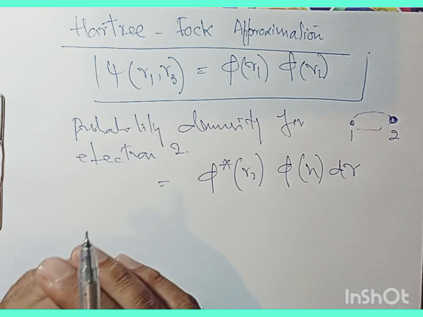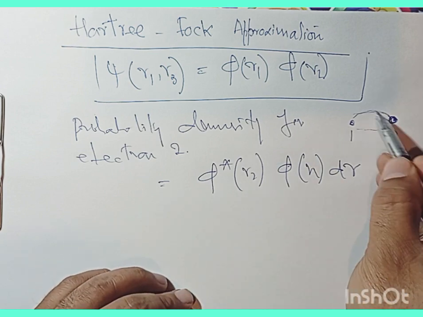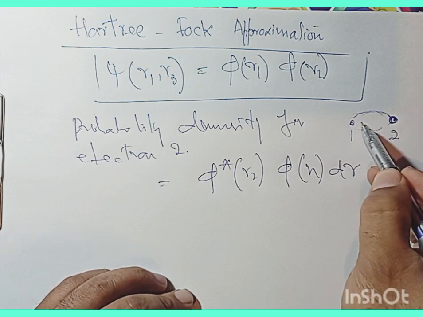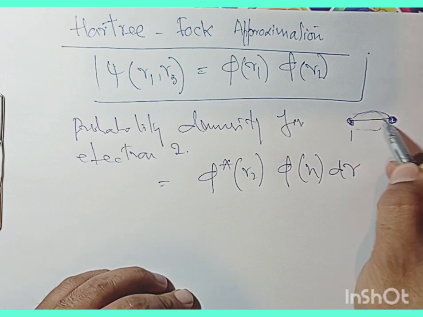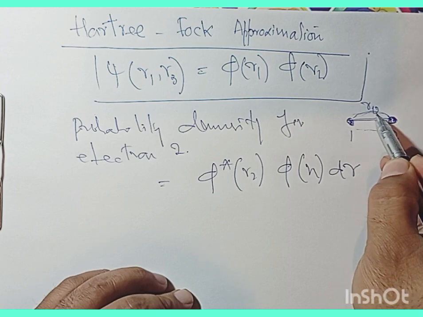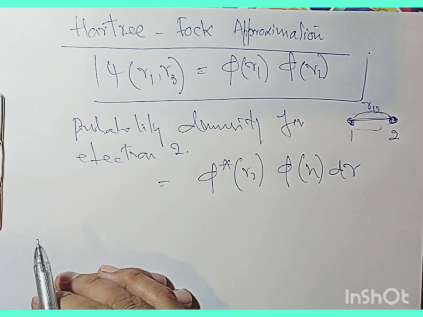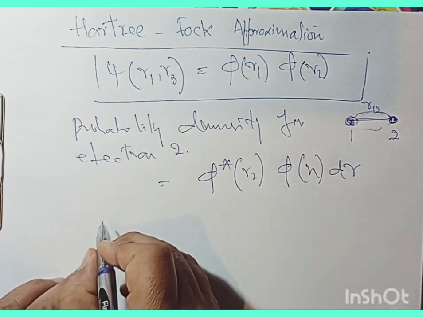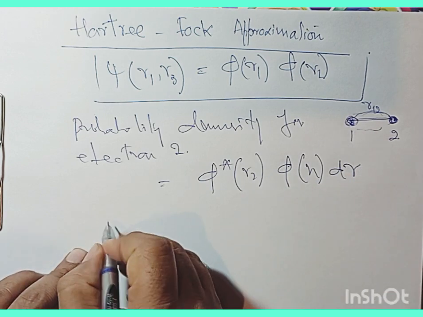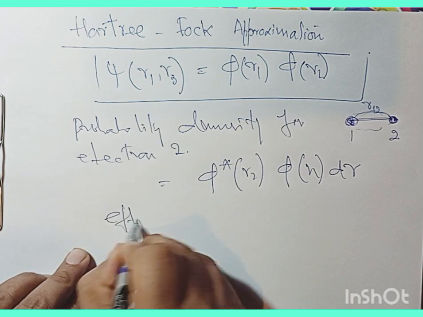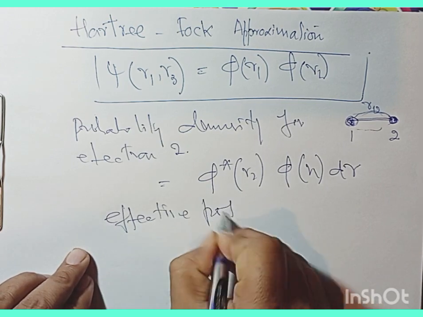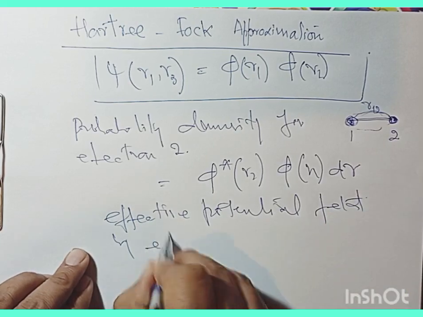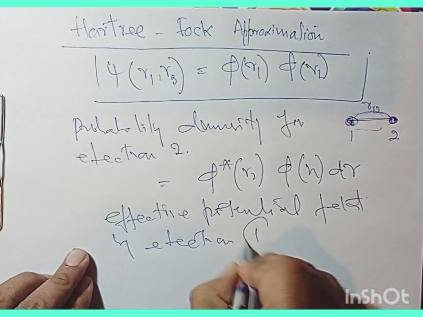That potential due to the charge distribution of electron 2 will depend on the separation between the two electrons. If I choose that separation as R12, we can write the effective potential felt by electron 1.